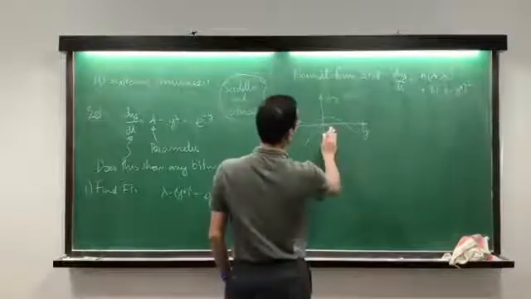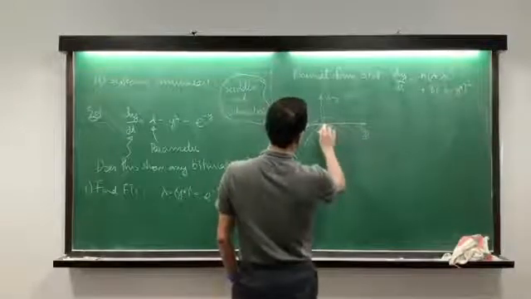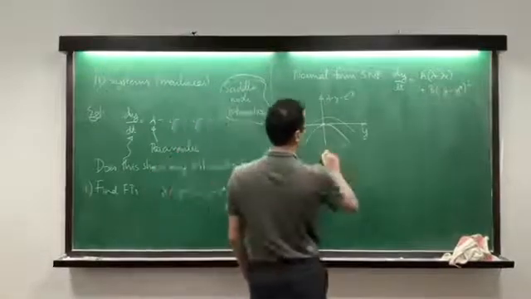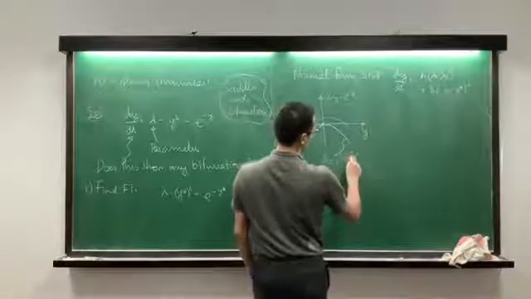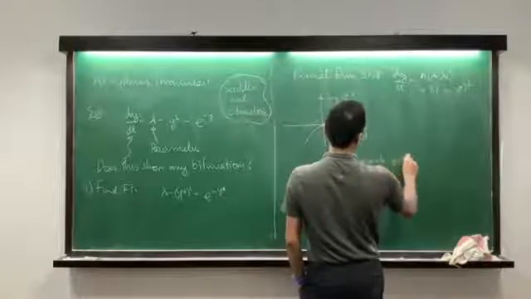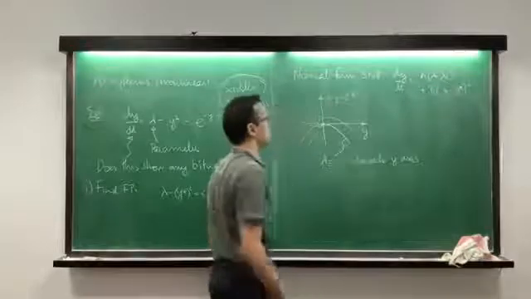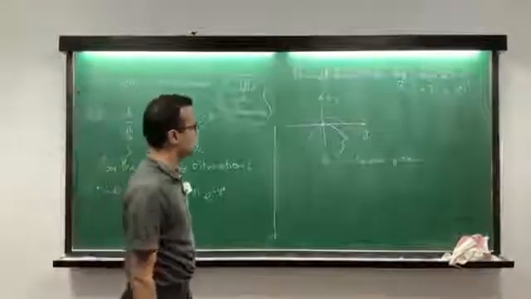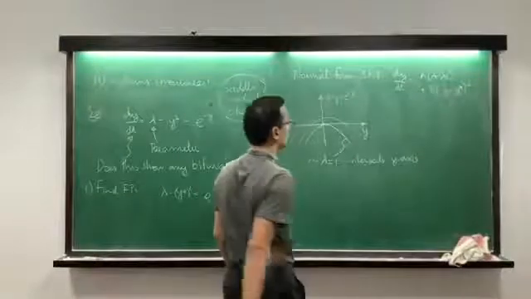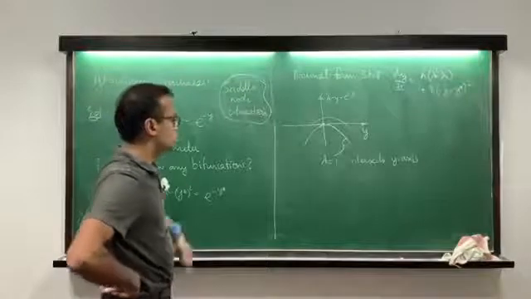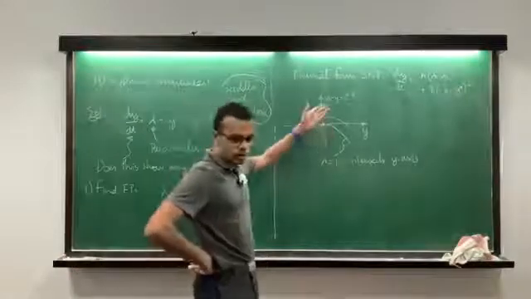It just tangentially intersects at this point at lambda equals 1. So this is similar to what happens in a saddle node case.